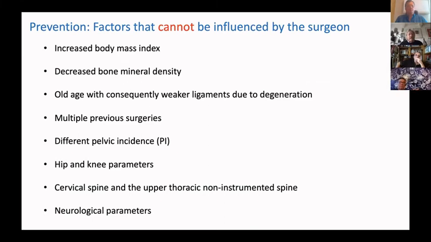So the question comes, obviously, what are the possibilities to prevent this, if we can prevent?